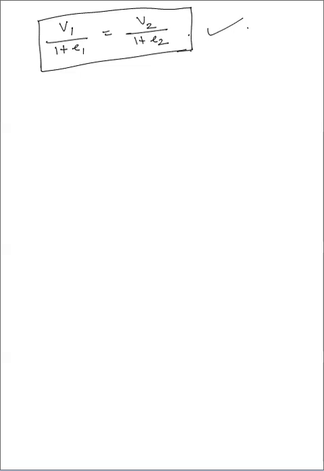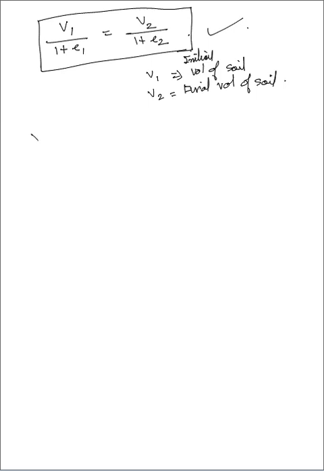V1 is the initial volume of soil, and V2 is the final volume. Same way, E1 and E2 are the void ratios.